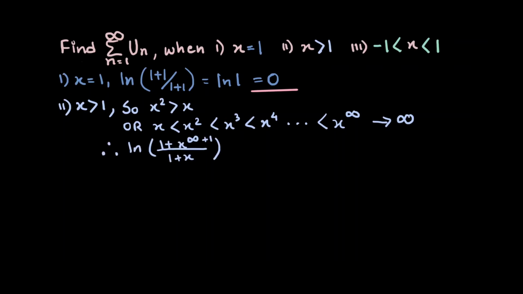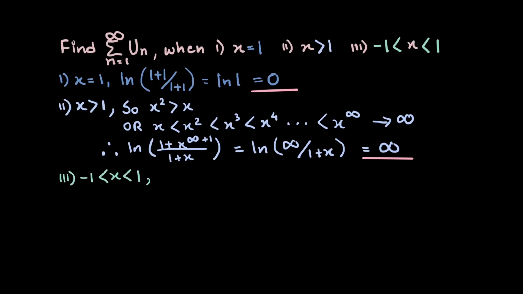If you put this in the original expression, you see that the numerator approaches infinity, so the total thing approaches infinity. This series, when x is greater than 1, diverges, and the sum to infinity is infinity.